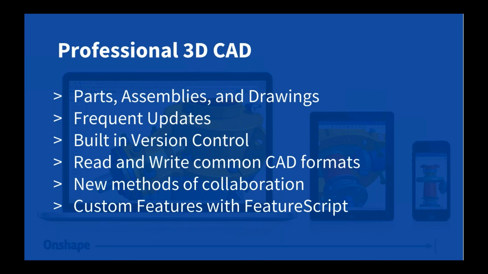Now, the next thing I want to mention, I'm going to show you an example of this in just a bit, is entirely new methods of collaboration. One of the really unique things about Onshape is that you can collaborate with others in real time. This is something that no other CAD system can offer, and it really is a big difference when we start talking about data management. I'm going to give you an example of what I mean by this in just a moment, but if you've ever used Google Docs, you'll know that when I share a document with someone and they make changes to it, I instantly see those changes.